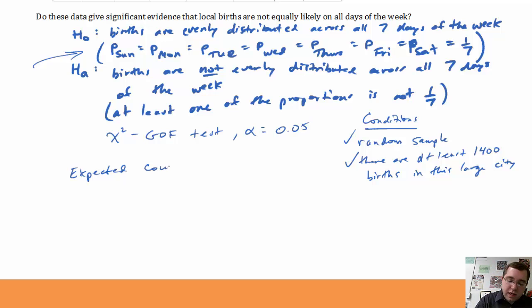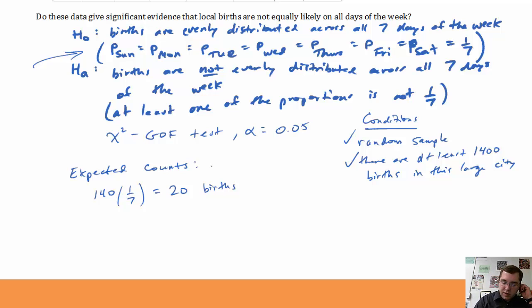So the expected counts would be the total which was 140 times 1/7. That's how much we would expect to be in each category if they're going to be evenly distributed. So that is exactly 20.